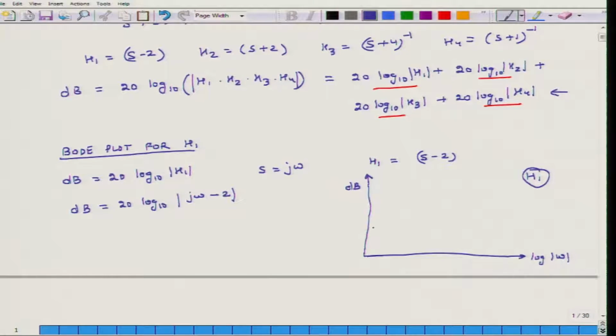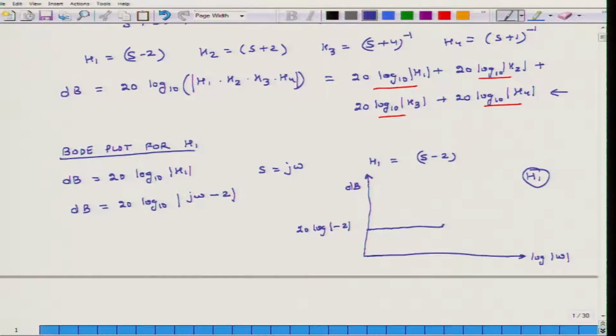The low frequency asymptote is a straight horizontal line, and its value when omega approaches 0 is going to be 20 log of the absolute value of minus 2, so it is not the negative of 20 log 2, but essentially 20 times log of 2. And the high frequency asymptote is 20 log of j omega.